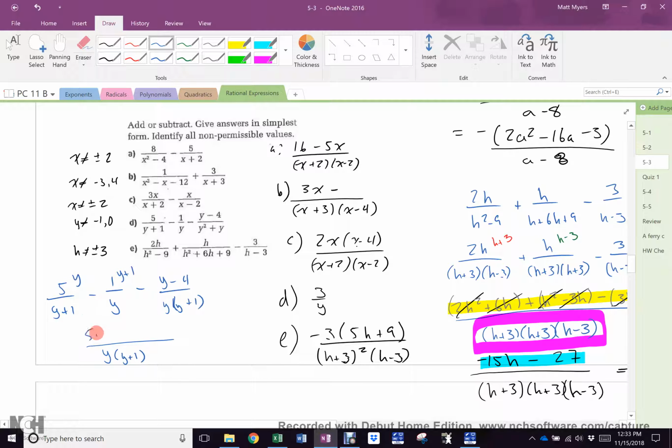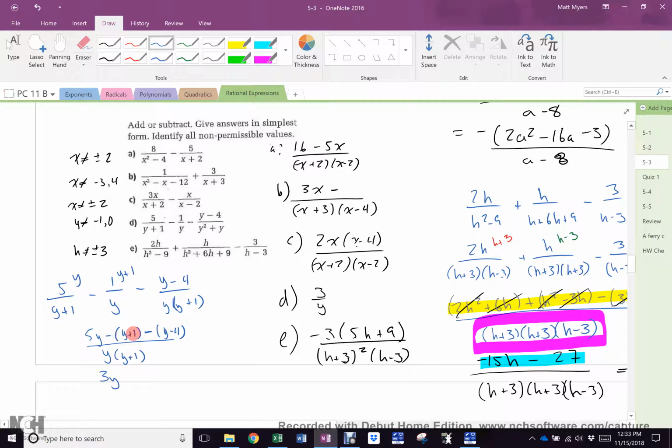So it becomes 5y minus, and you have to put a bracket here, y plus 1 minus, you have to put a bracket here, y minus 4. Collect your like terms. 5y minus y is 3y. Negative 1 minus 4 is what?